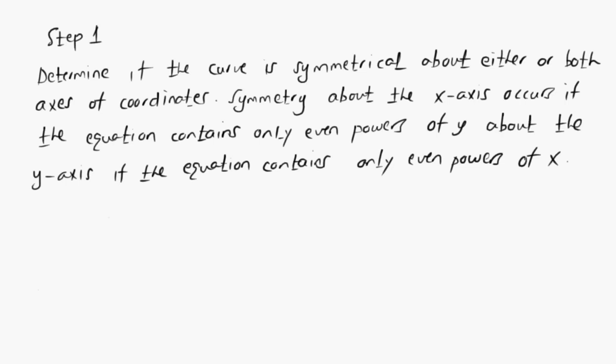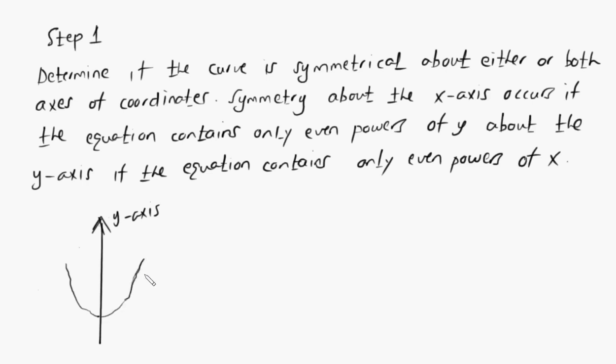So kuna symmetry about the x-axis na kuna symmetry about the y-axis. So symmetry about the y-axis ipo hivi. If this one is the y-axis, it means the curve that is symmetrical about the y-axis ni nusu huku, alafu nusu huku.